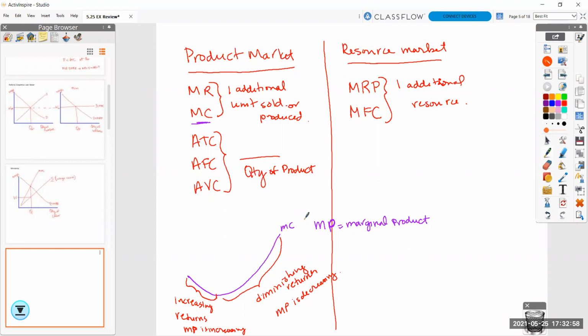When they talk about diminishing marginal returns, sometimes you'll hear it described as our production increasing at a decreasing rate. So we're continuing to increase our production, but each time I add a worker, they're adding less and less.